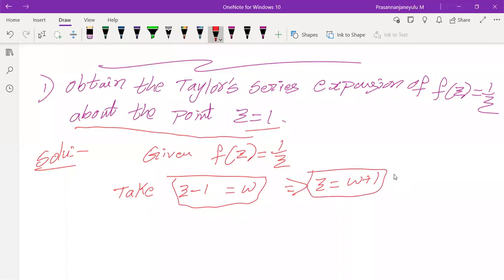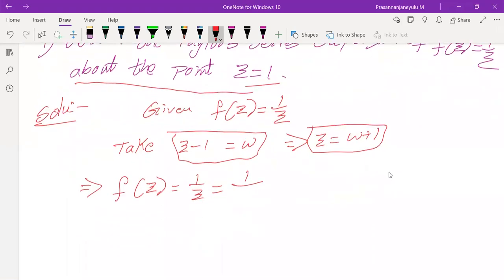Now substitute it in our f of z function. What is f of z? 1 by z. What is the value of z here in terms of w? W plus 1.